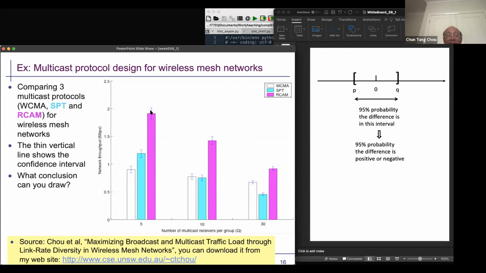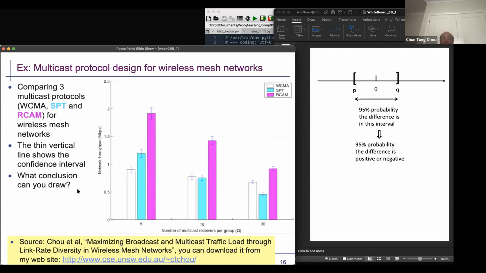This hairline shows you the confidence interval. So the mean is here, the confidence interval is here. For the SPT protocol, this is the mean and that's the confidence interval. This is for one experimental setting, this is for another setup, and these are the throughput and the confidence interval for another setting.